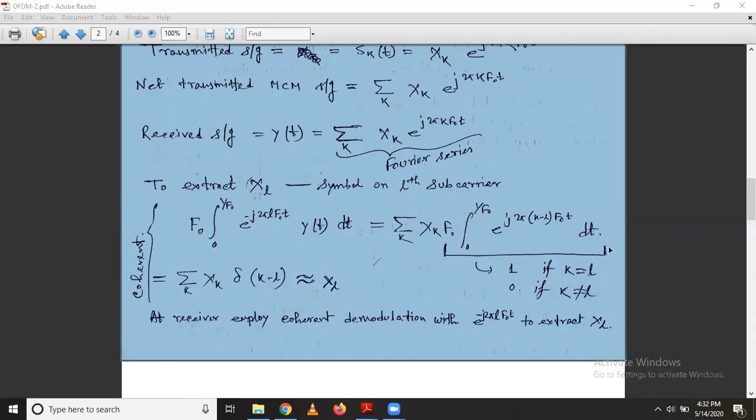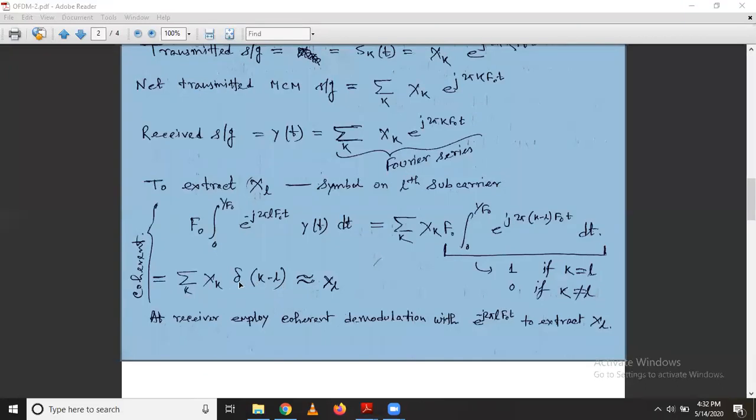So we are interested in 1 only. How is 1 represented in a signal? By delta. So summation x_k times δ(k − L). This whole thing is replaced by δ(k − L) and summation x_k.